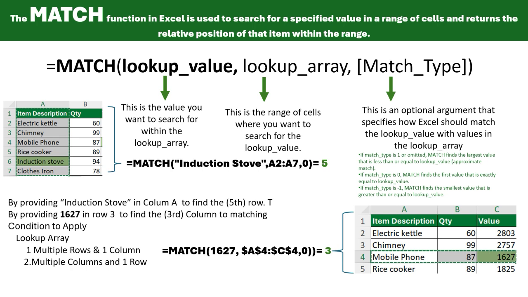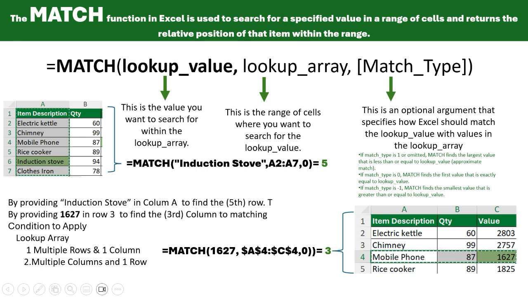And what is the match type? This is an optional argument that specifies how Excel should match the lookup value with the values in the lookup array. Here we have some conditions. If match type is 1 or omitted, MATCH finds the largest value that is less than or equal to the lookup value, an approximate match.